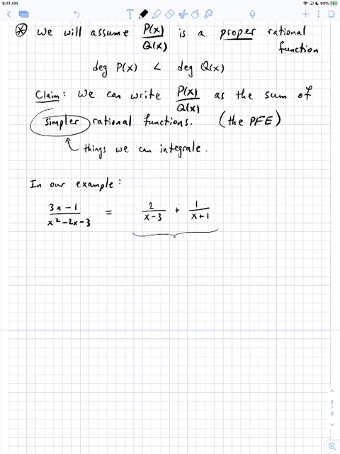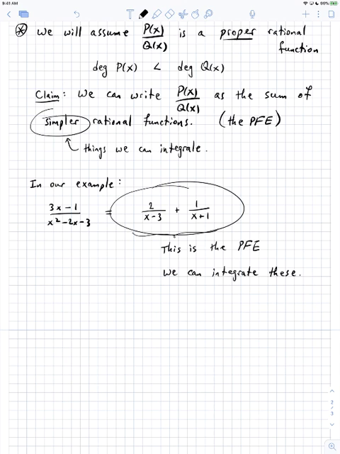So this is the partial fractions expansion. We can integrate these. And that's really the goal. The goal is to start with something that you don't know how to integrate, and then rewrite it as something that you do. Now, what we did was backwards, because we started with these two simpler rational functions and added them together. So how do you go from the complicated thing to the simple thing?